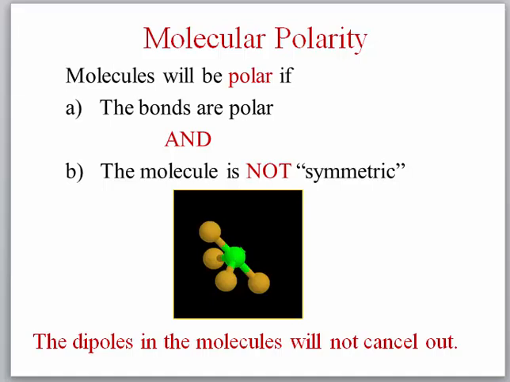So if you have a polar bond, 2 different atoms, and you're not symmetrical, so you have a lone pair of electrons up here giving you an asymmetrical geometry, you have a polar molecule. You can determine that simply by saying the dipoles don't cancel, then you can answer all of your intermolecular forces questions as well.